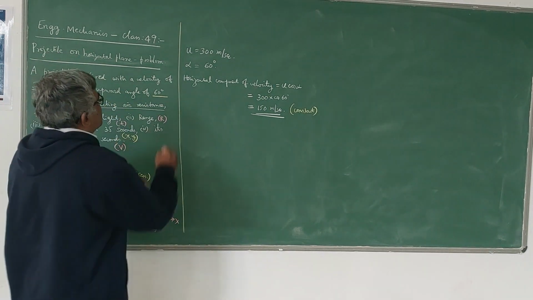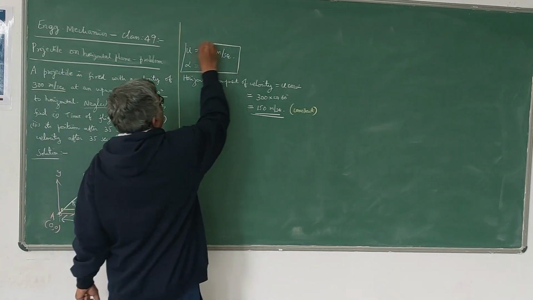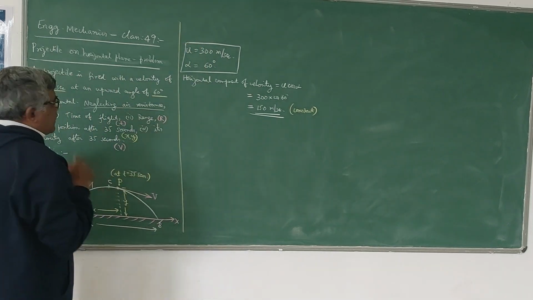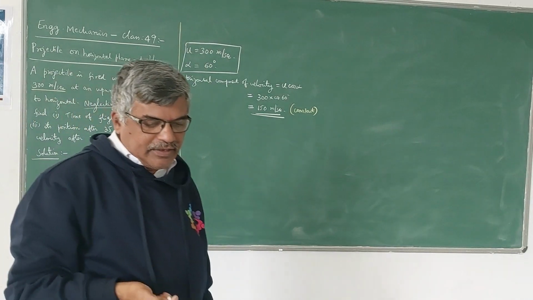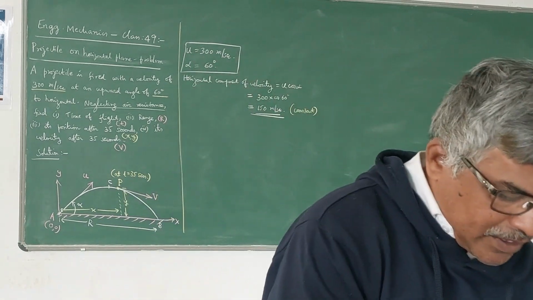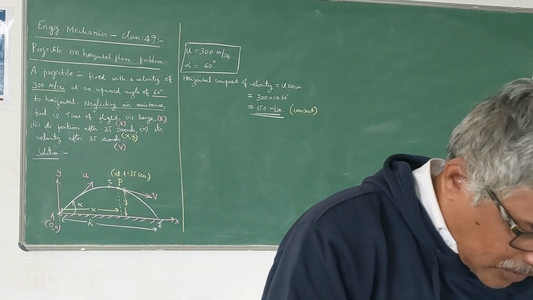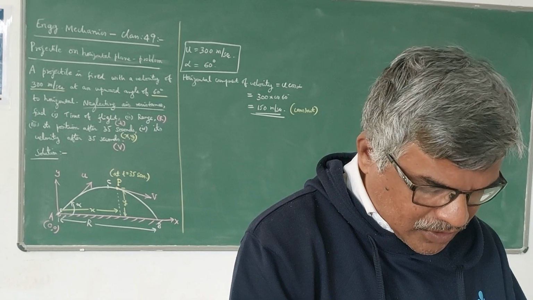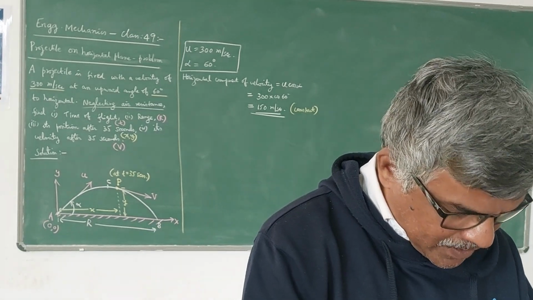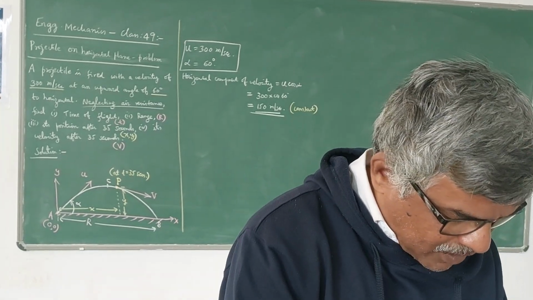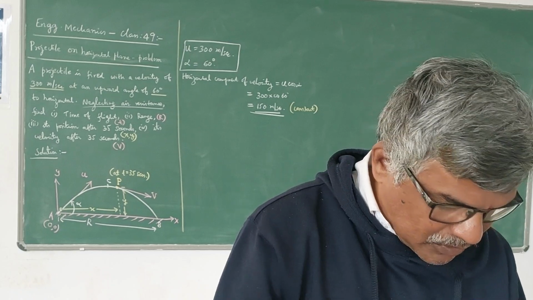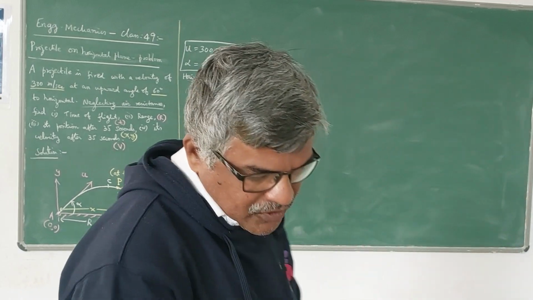Now, since these two are given, we can directly find the time of flight and the range using the formula. Time of flight, of course, you know is given by the formula T is equal to 2u sin alpha by g.